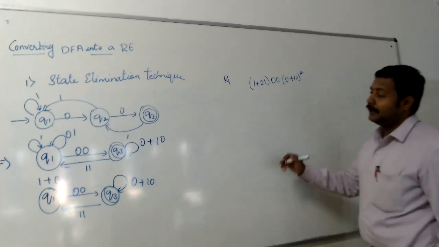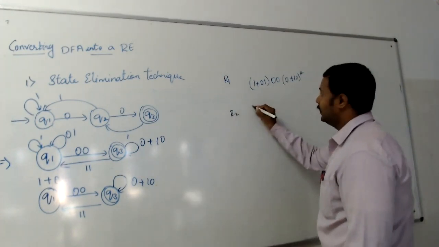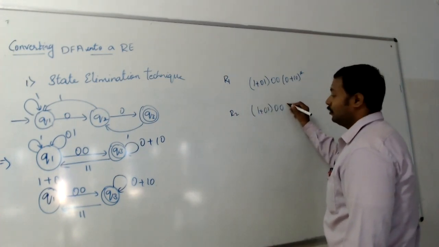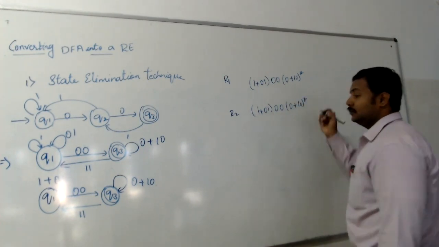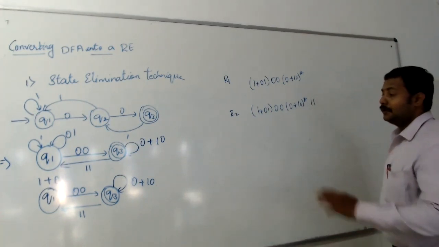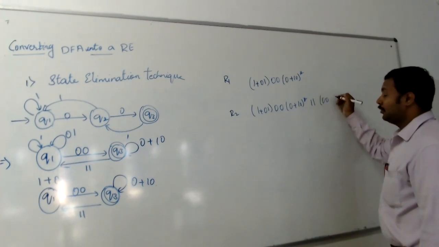So now again R2 comes back to me. R2 becomes 1 or 0 1 0 0 0 or (1 0) whole star, 1 1. 1 1 again back 0 0.